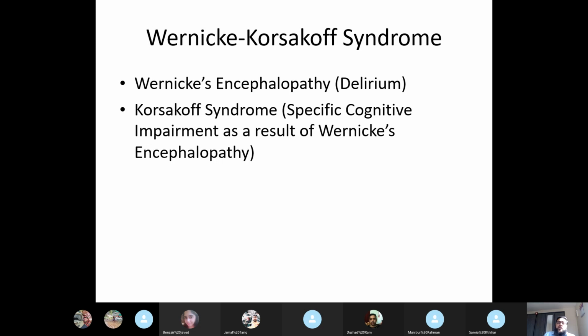Korsakoff is similar to, not the same as, dementia, and encephalopathy is delirium in itself. Korsakoff is a very mild cognitive impairment. It is not dementia, but just amnesia, which is one of the symptoms seen in dementia, just one symptom, and that is Korsakoff syndrome.